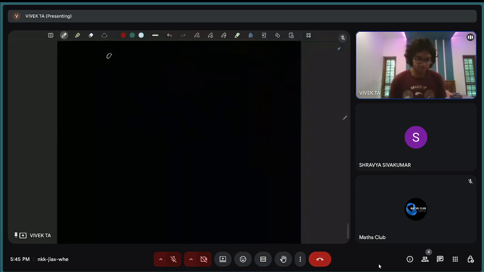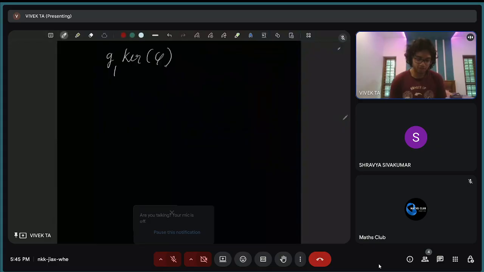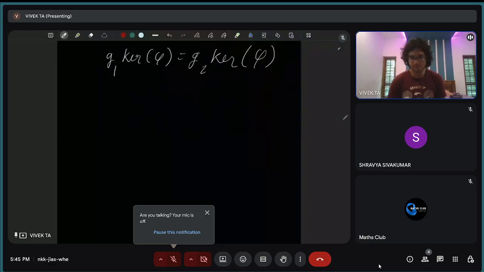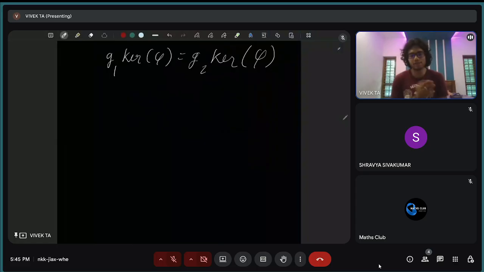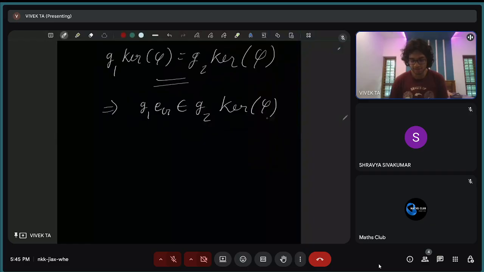Essentially, g1 kernel phi being equal to g2 kernel phi implies, because these two are cosets, that they give you the same set. And that would imply that g1 times identity, and remember, phi takes identity to identity, g1 e_G belongs to g2 kernel phi as an element, because this belongs here.